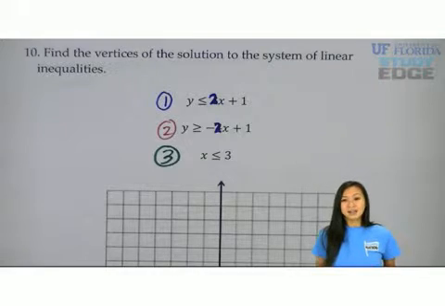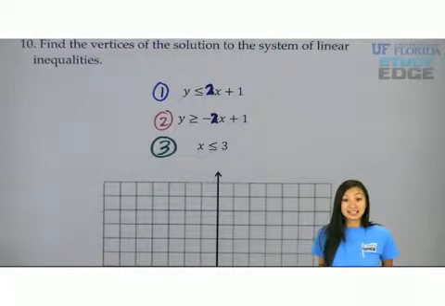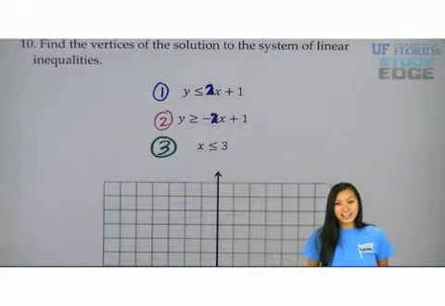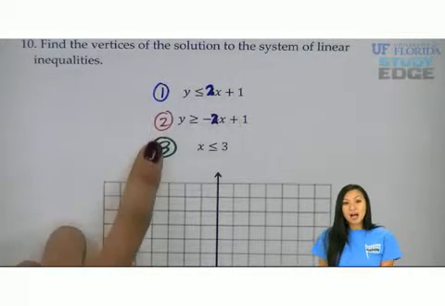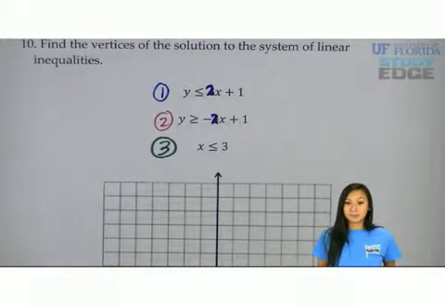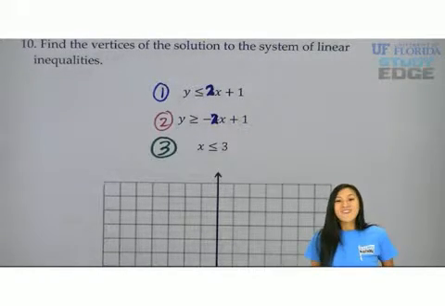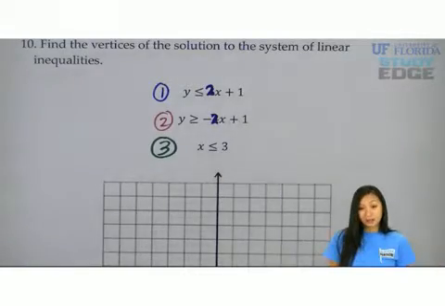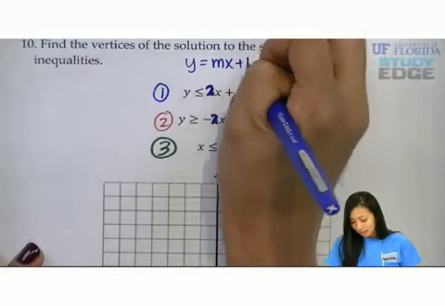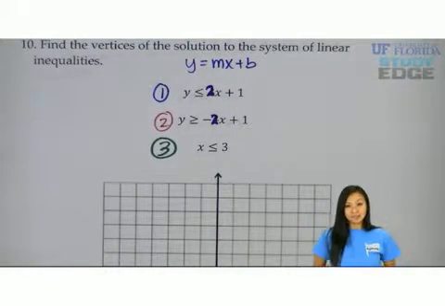Now, all right, I'm looking at this, and I'm realizing that this problem is not as tough as it looked at first. The good thing is they already solved for y. They already have y by itself for inequalities 1 and 2. What's so great about that is, if you remember, there's a slope-intercept form that looks like this. It's on your handy-dandy reference sheet.